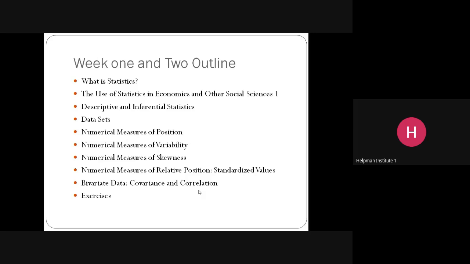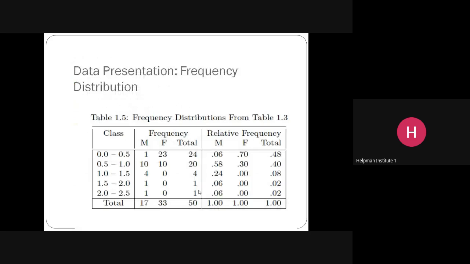So today, we're going to continue from where we stopped, from this frequency distribution table. In our last class, we presented some data, and this class, we're going to look at this frequency distribution table, which was gotten from the data in table 1.3 from our last class.